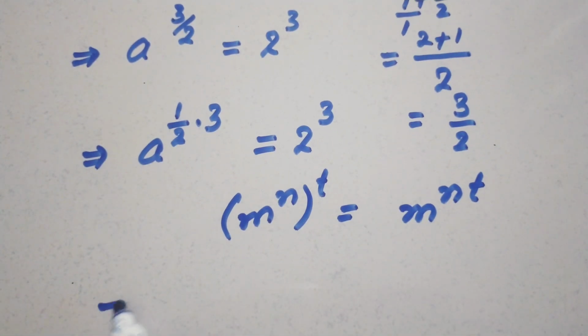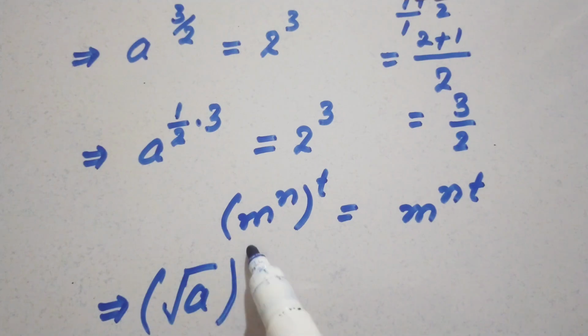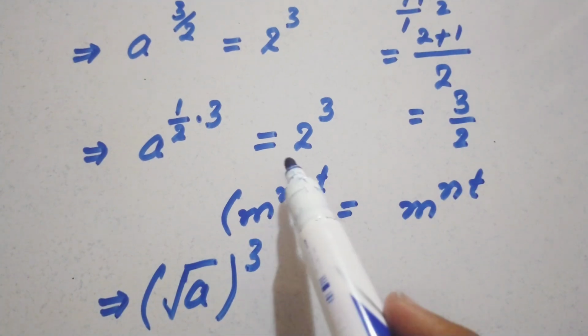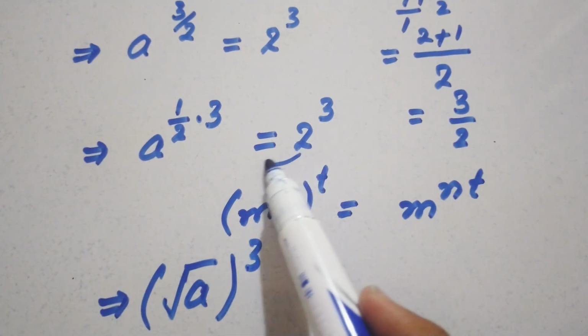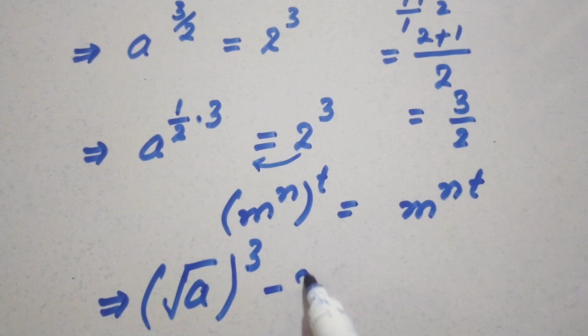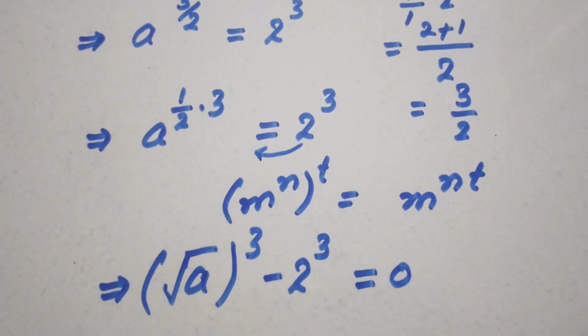So we can write this as a power 1 by 2, which is square root, and this whole power 3 is equal to 2 cube. By shifting this 2 cube from right hand side to left hand side, this will become negative 2 cube, and this whole thing is equal to 0.